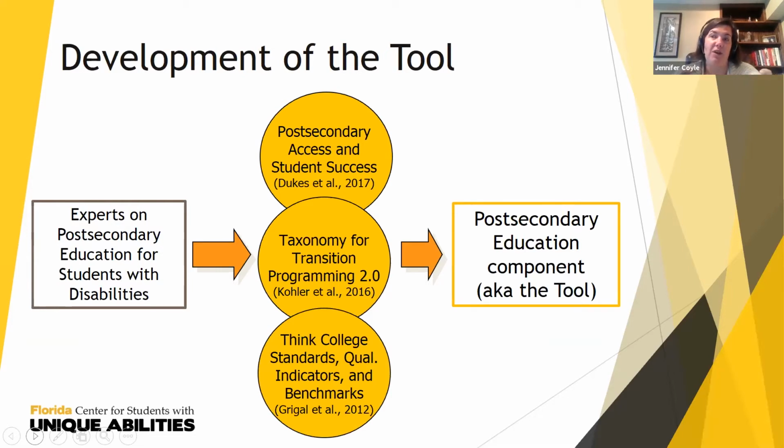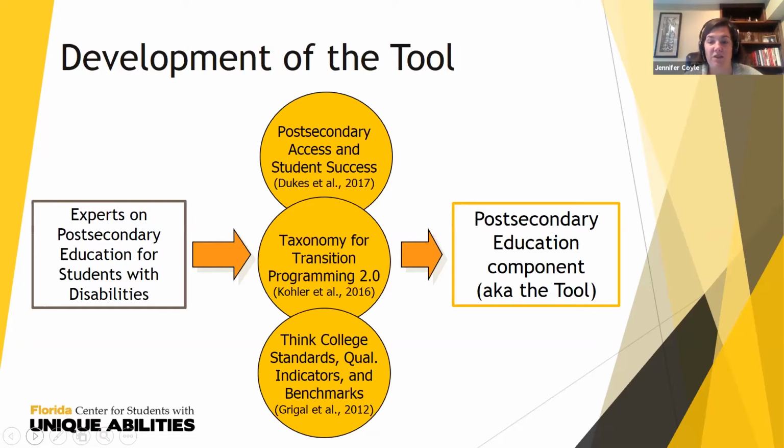Her work was around finding evidence-based practices, things that worked for students with disabilities in high school settings. All of that information was gathered through different surveys and different ways of getting that information into this tool, and it was created through a taxonomy.